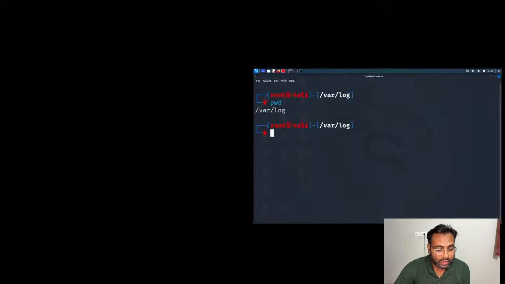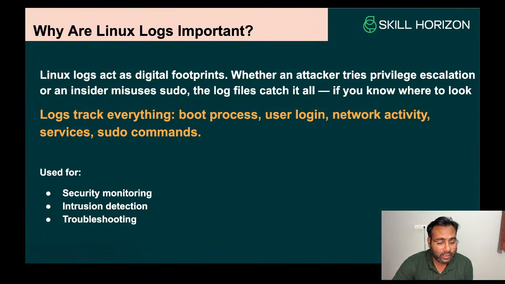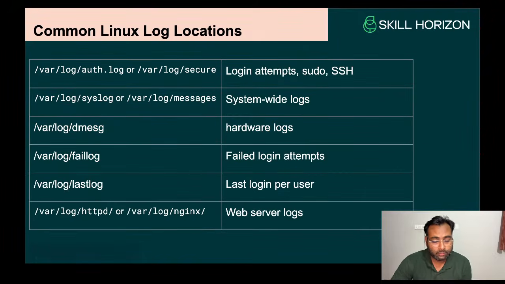Now, as we are talking about the logs, let's move on to the log locations. These are the common Linux log locations, in which you have to identify the exact logs for your purpose. If you want to look for login attempts, sudo access, or SSH services, the log file is /var/log/auth.log, so you can read that file, or it may be located at /var/log/secure.